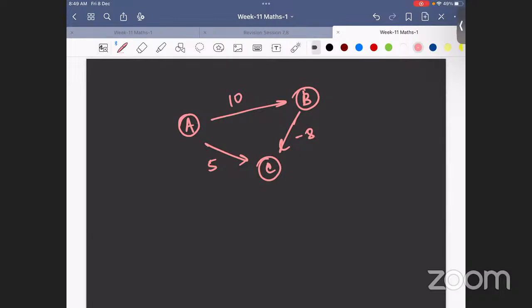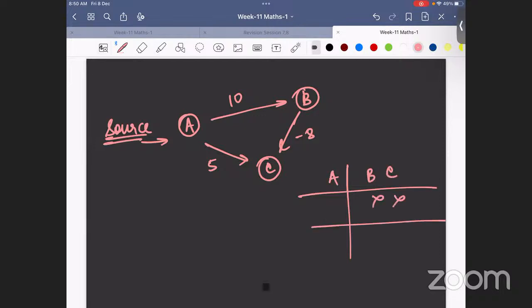This is the source. If I'm starting from here, A, B, C is there, so I'm giving it infinite. What is the best way to reach B? A to B, in the first way, is 10, right? And then A to C, you can think as 5. So this is the minimum one.